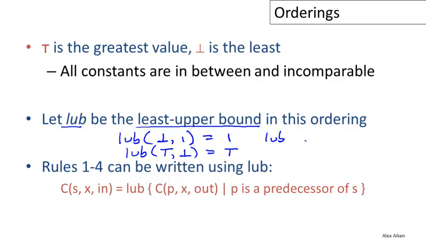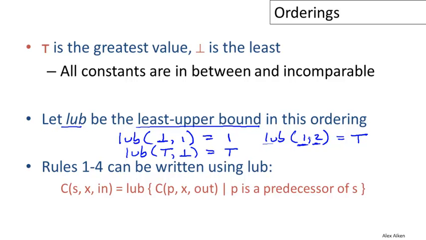And perhaps a more interesting one, the least upper bound of 1 and 2, two incomparable constants. Remember, it's the smallest element in the ordering that's bigger than, or greater than or equal to, everything over which we're taking the least upper bound. So the least upper bound of 1 and 2 is top.